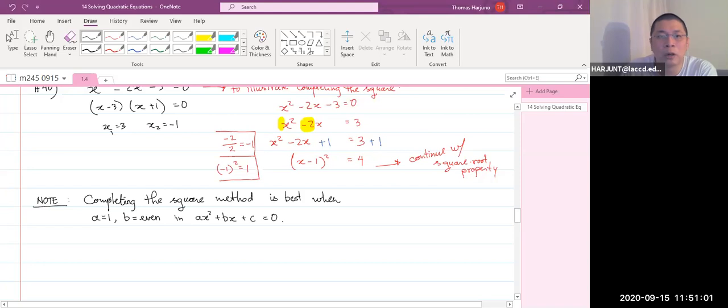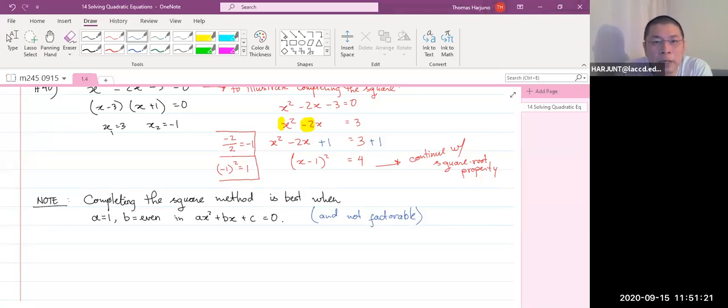Okay, I think I have to clarify that it's best when it's not factorable, because factoring is still the best method if it is doable.